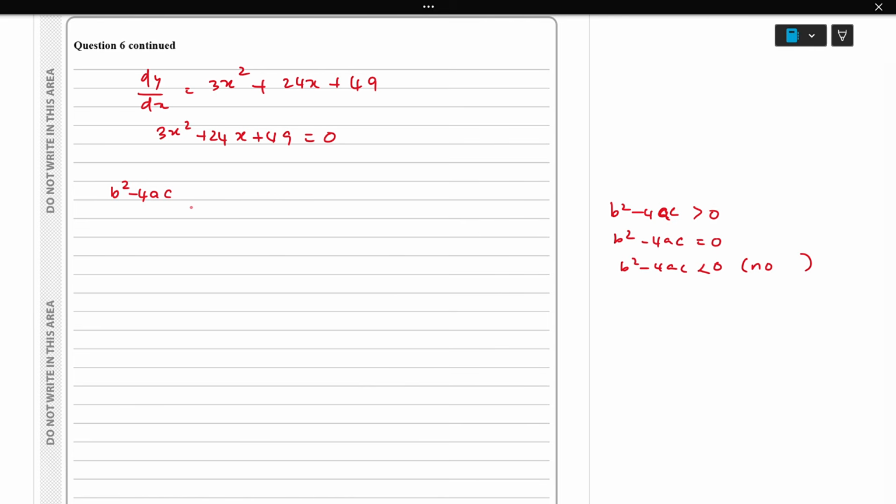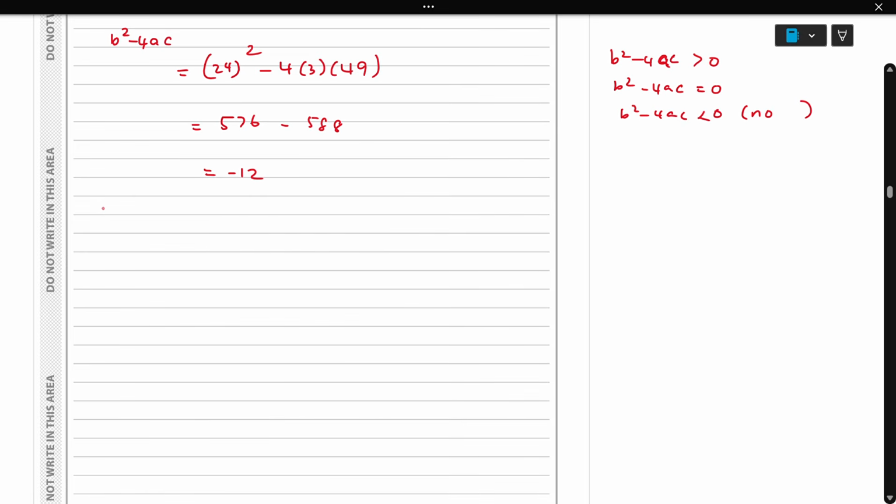So let's calculate b square minus 4ac. B is 24, so 24 square minus 4 times a, which is 3, times c, which is 49. So 24 square, which is 576, minus 588, which is equal to negative 12.